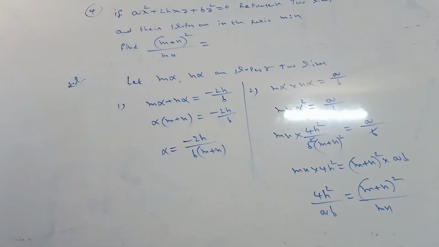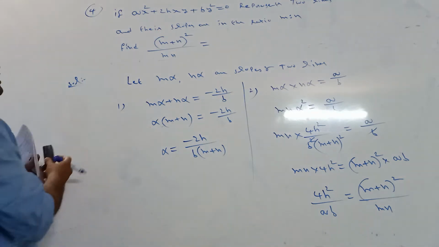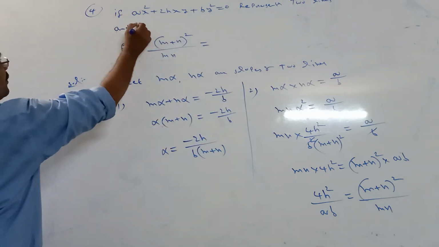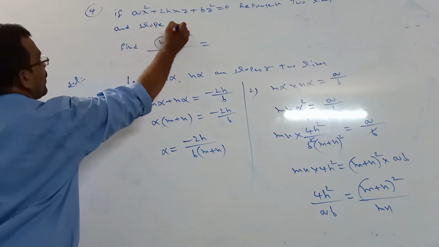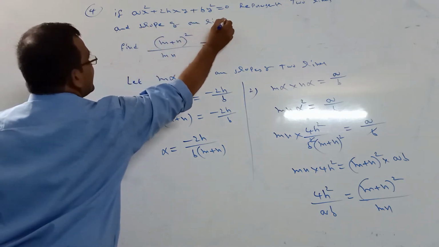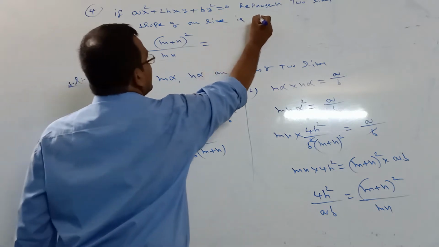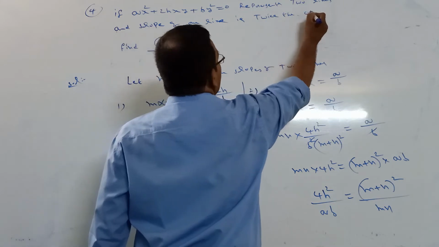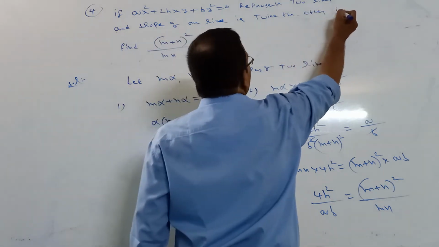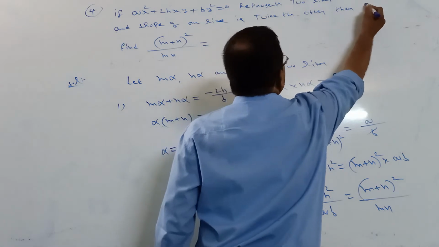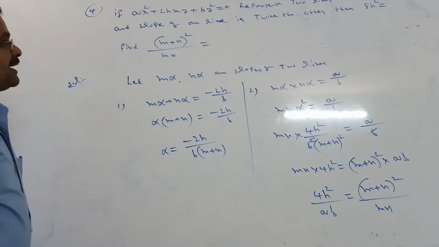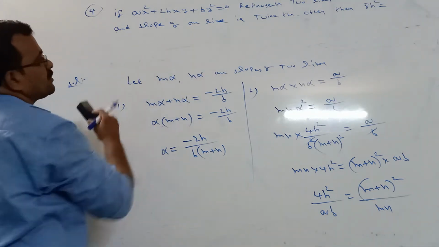Suppose another question: if ax square plus 2hxy plus by square equals 0 represents two lines and the slope of one line is twice the other, then 8h square equals, that is our question.